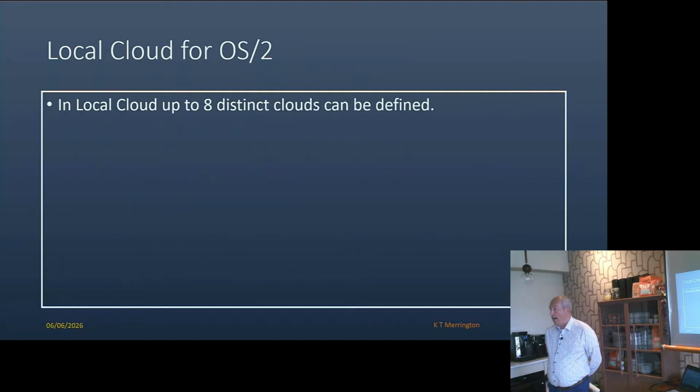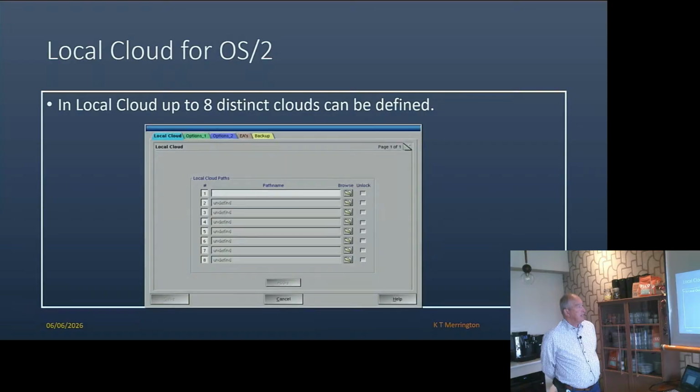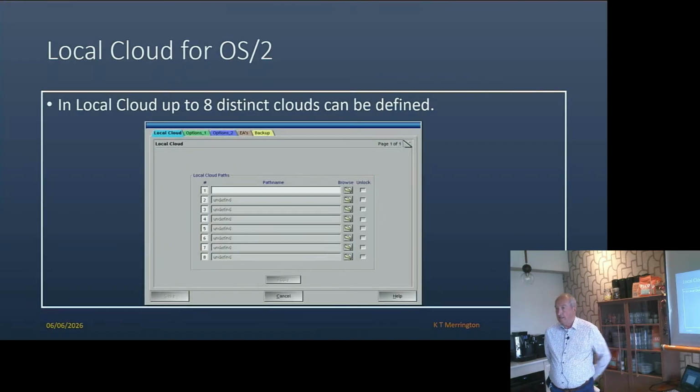Okay, 8 defined clouds. The reason for this is quite simple. When we define a file on a particular drive, right? But on another drive, another file could have the same name.